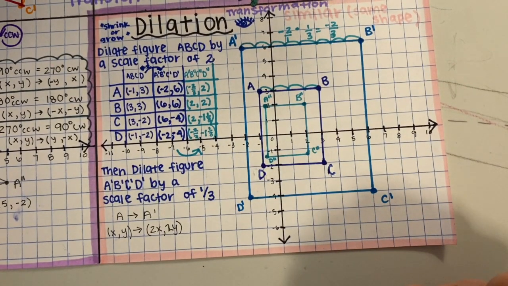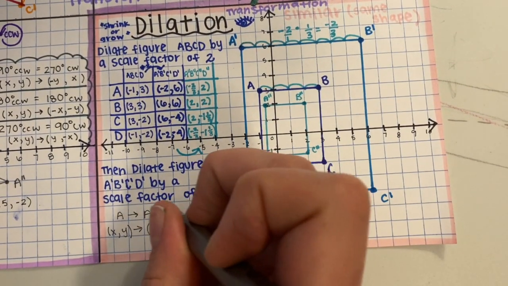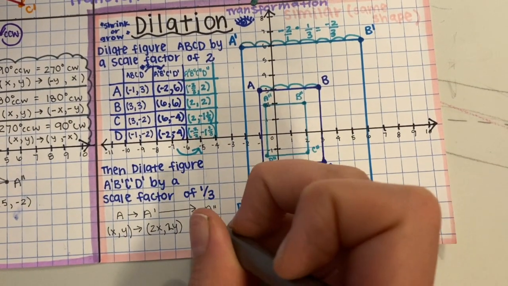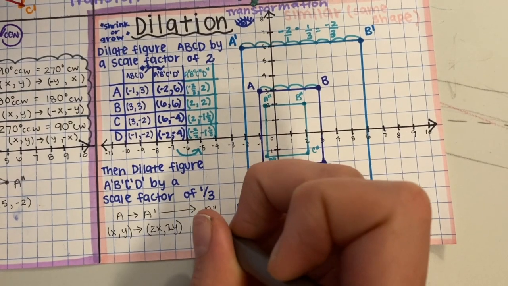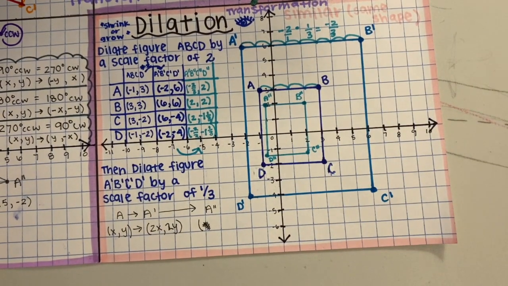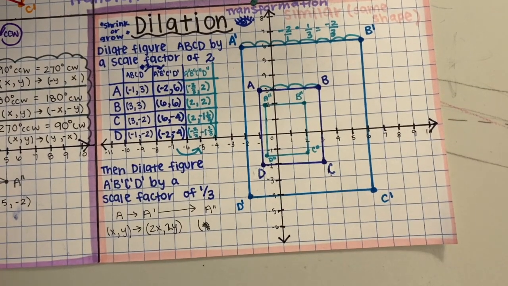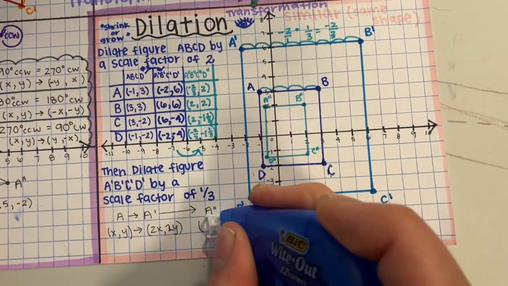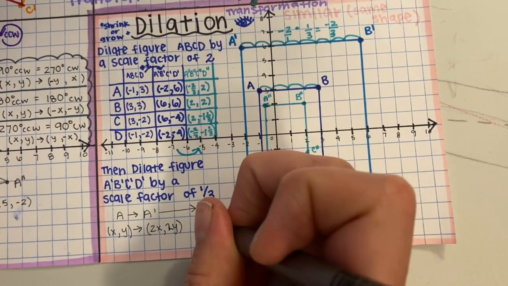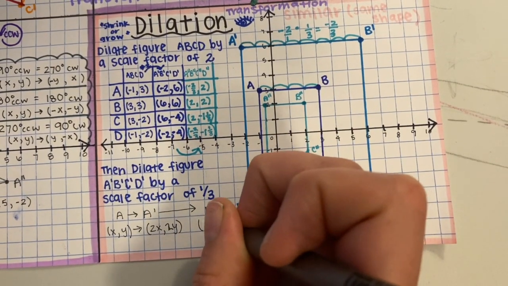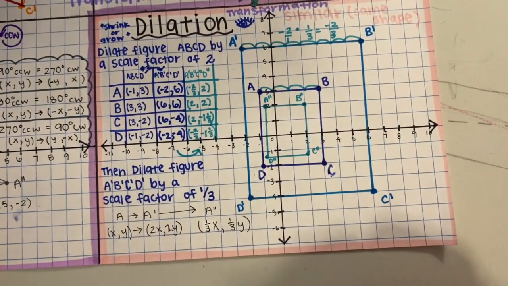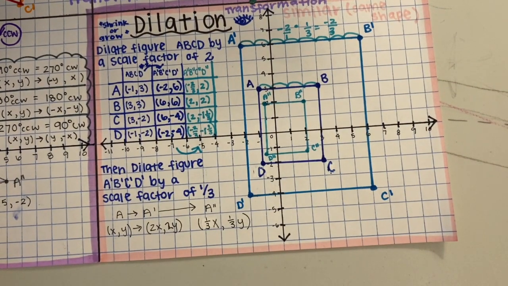Same thing if we shrunk. We went from A prime to A prime prime. We have 1/3 of what we had, so 1/3 of our X and 1/3 of our Y. That's what that one looks like algebraically.